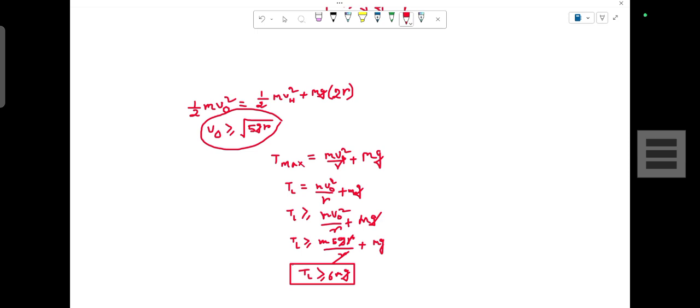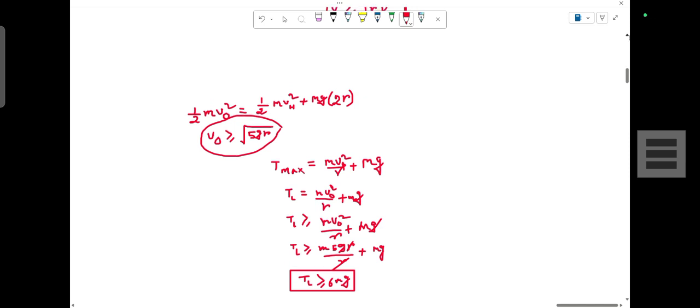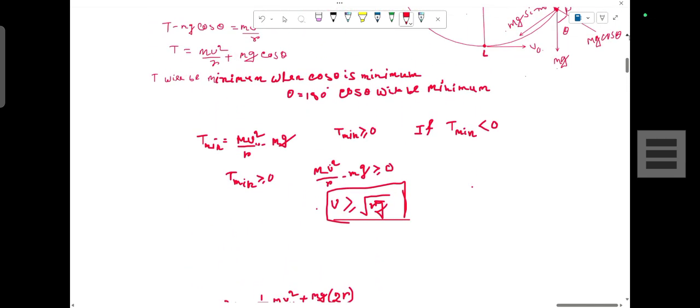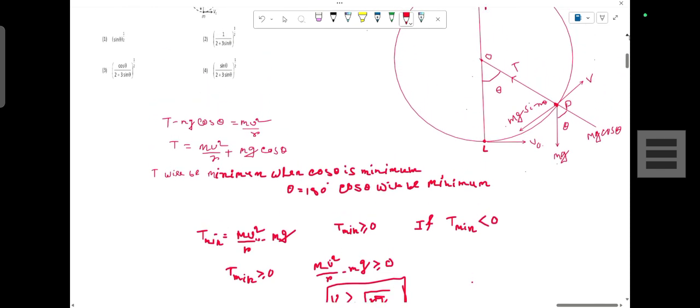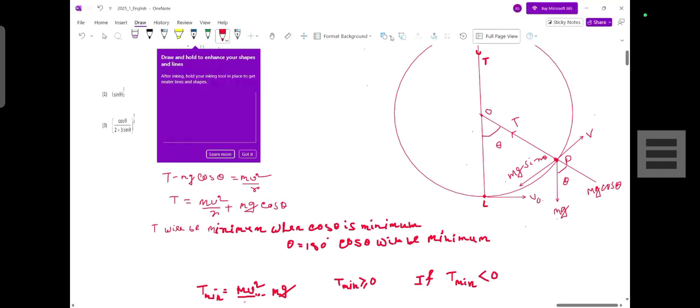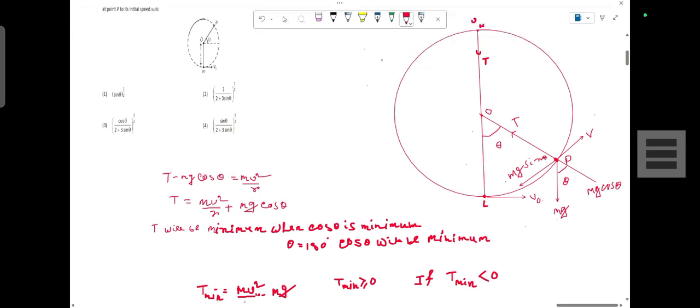Now, the velocity at any point, the midpoint, in this point, that is the velocity.